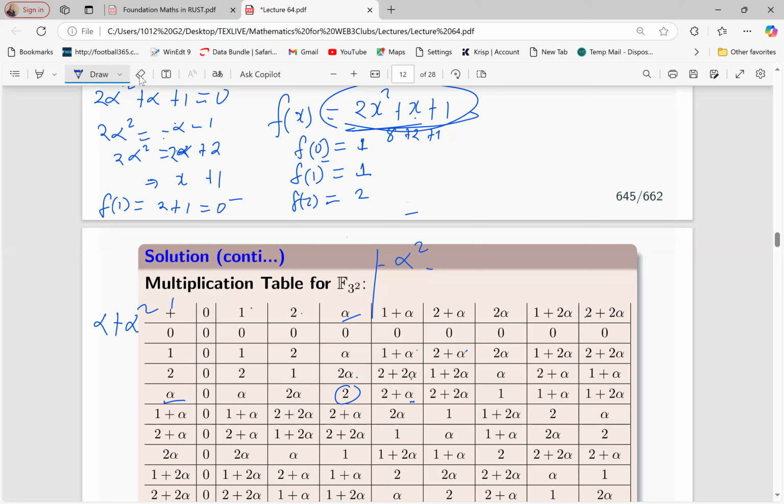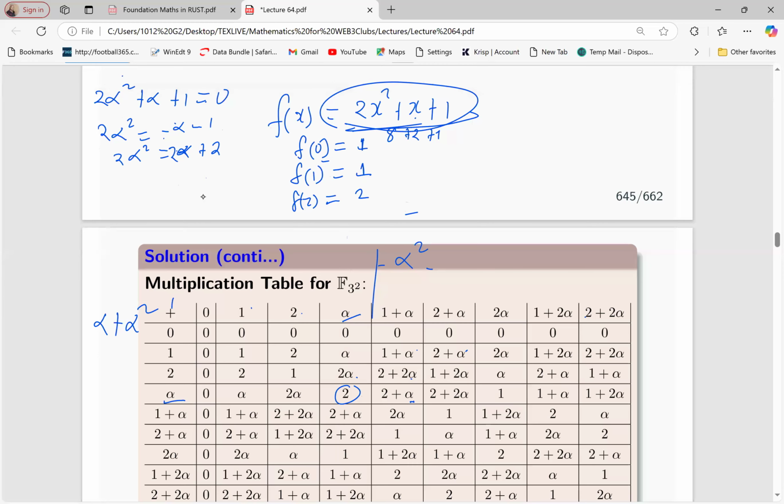But what we want to make the subject of the formula is alpha square. So we multiply by the inverse of 2 mod 3 on both sides of the equation. The inverse of 2 mod 3 is 2, because 2 times 2 is 4, which is 1 mod 3.